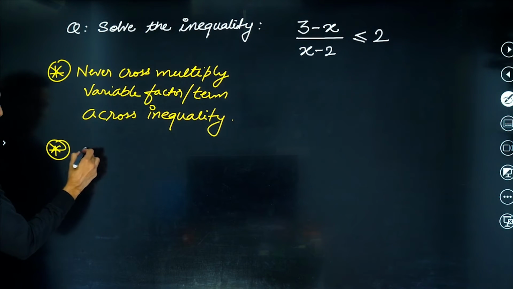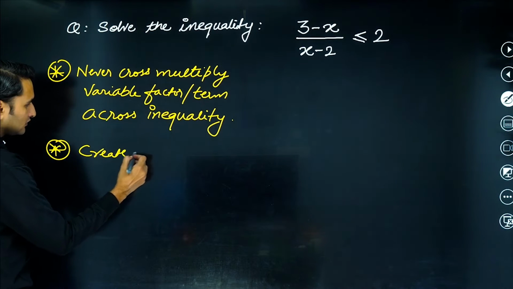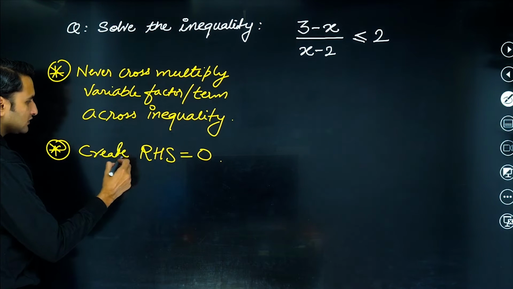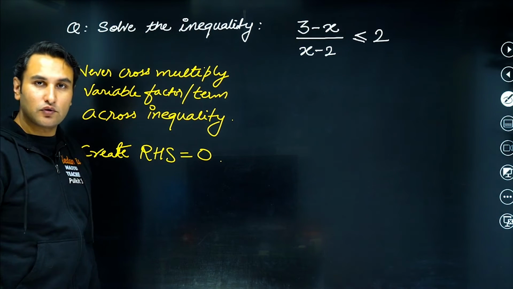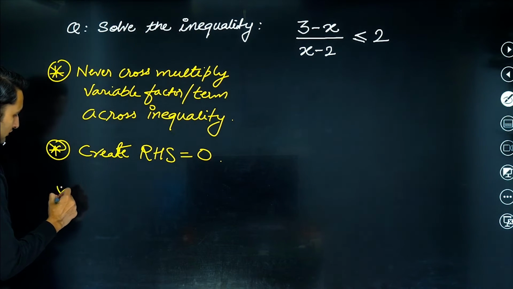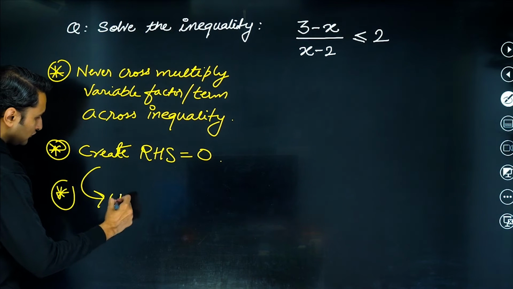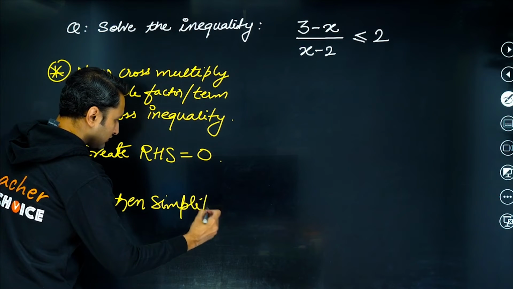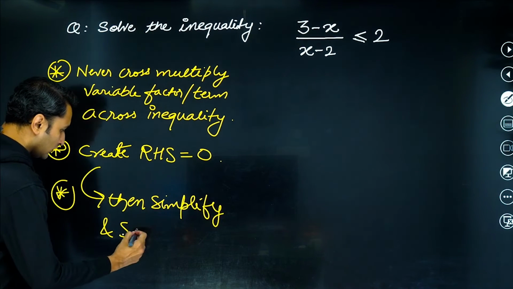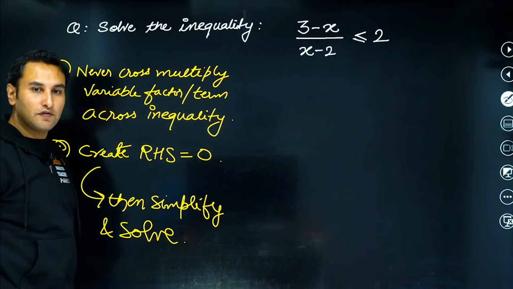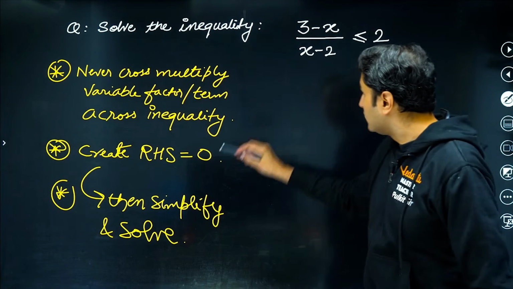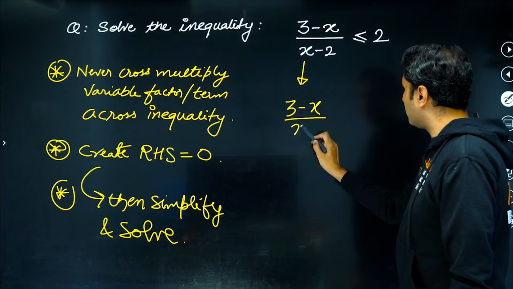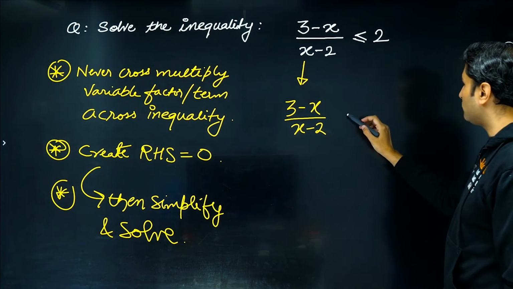Other thing to keep in mind, create RHS equal to 0. When I say RHS, I mean one side. Create one side equal to 0. Then simplify and solve. You will realize a wavy curve will get created. So step 1: 3 minus x upon x minus 2. Can I subtract 2 on both sides?